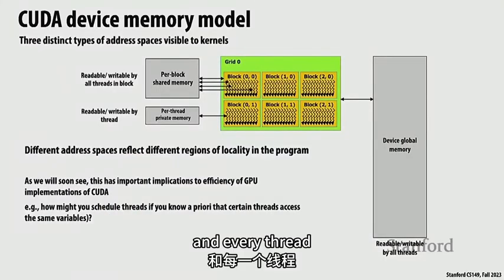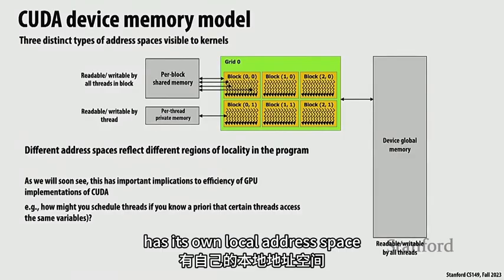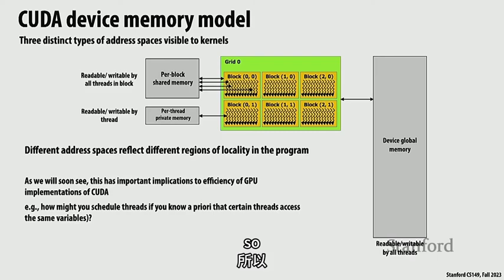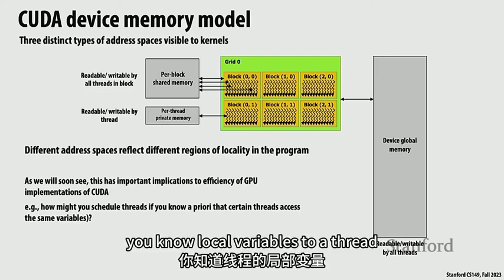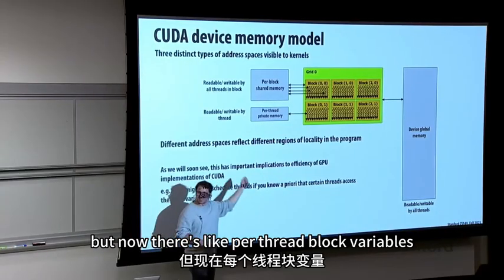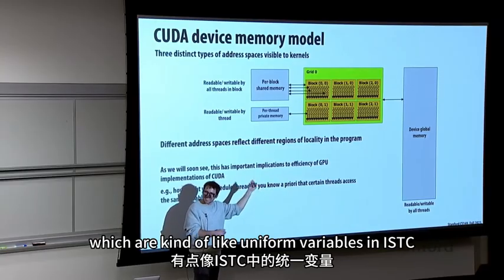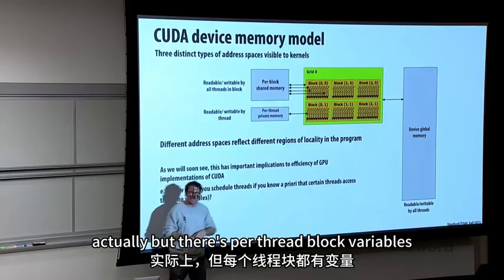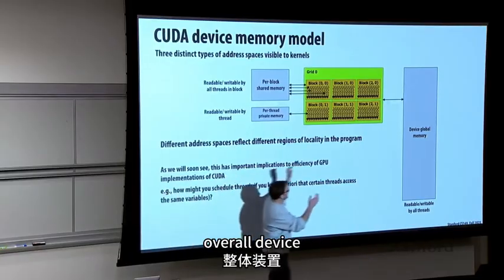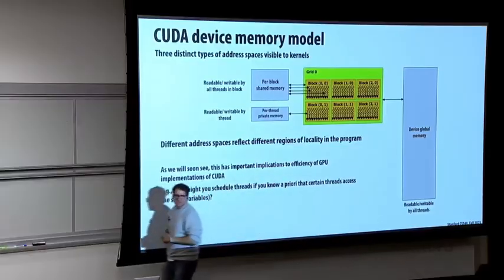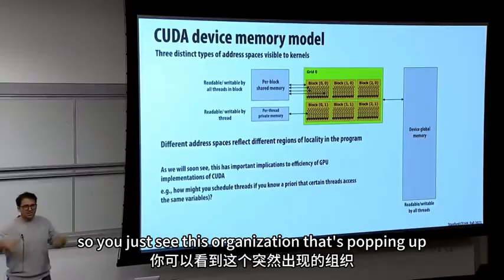And every thread has its own local address space, like its own local stack that only it can access. So local variables to a thread can only be accessed by the thread. That makes sense. That's like ISPC. But now there are per thread block variables, which are kind of like uniform variables in ISPC, actually. And then there's overall device global memory that can be accessed by any thread with loads and stores.